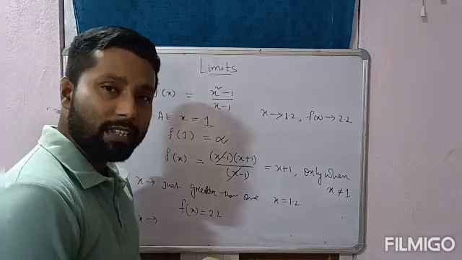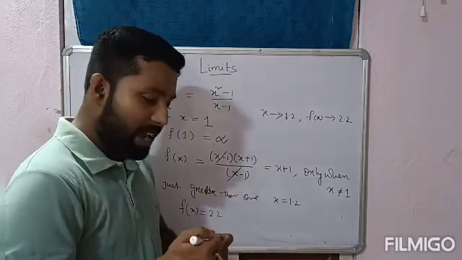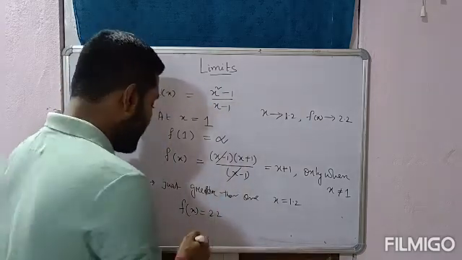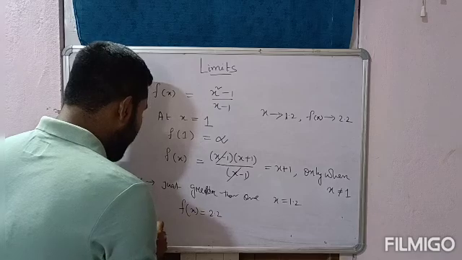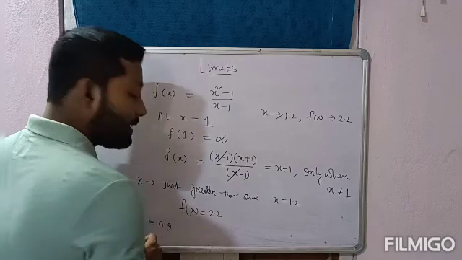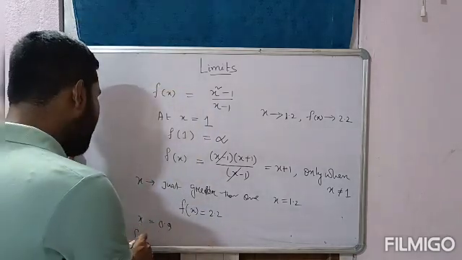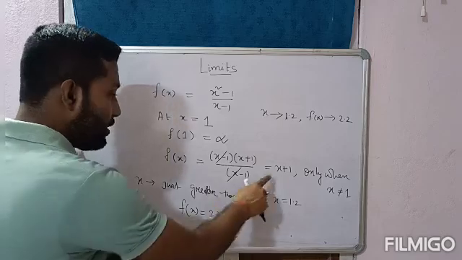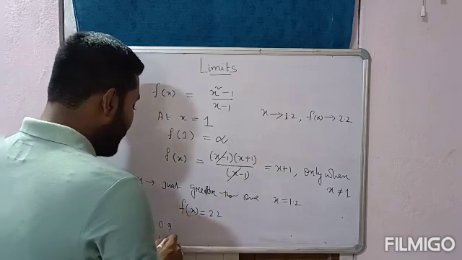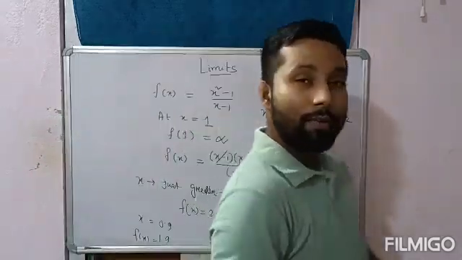In the same way, if we take the value of x slightly less than 1, say x is equal to 0.9, then what will be the value of f of x? 0.9 plus 1, that is 1.9 only. Yes. So what does this mean?